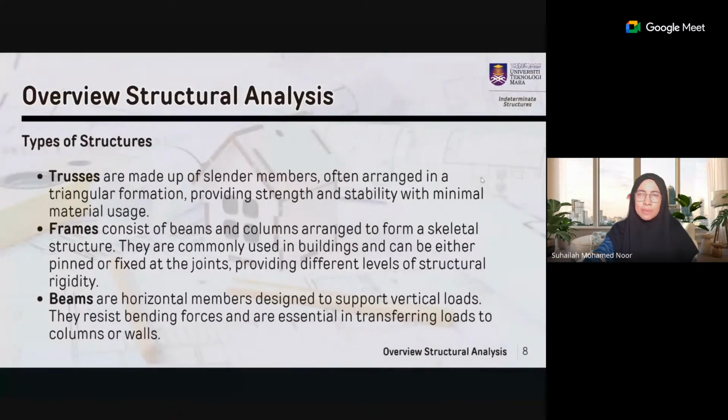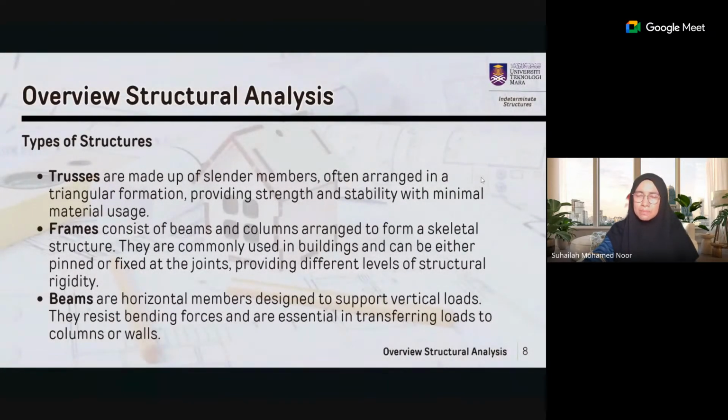Frame actually has a combination of bending and axial effect. However, for beam, we only consider the bending effect. So frame and beam have similar analysis.